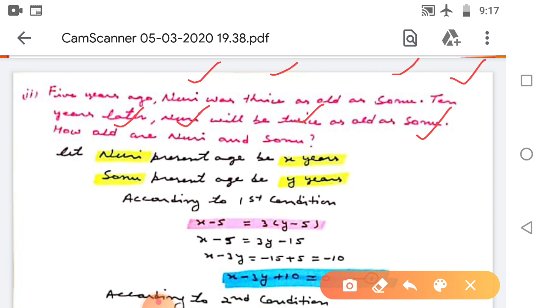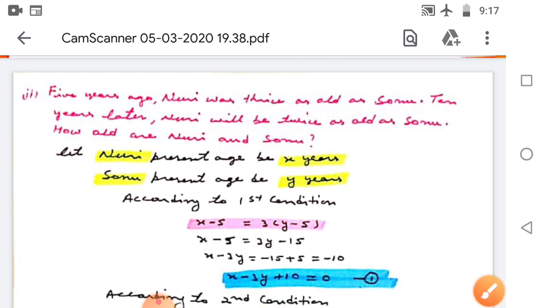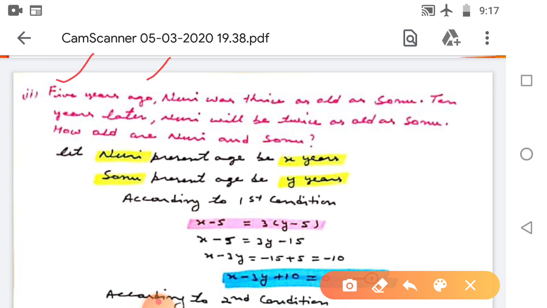How old are Nuri and Sonu? Clear? Once again, 5 years ago Nuri was thrice as old as Sonu. 10 years later Nuri will be twice as old as Sonu. Find the present ages of Nuri and Sonu.